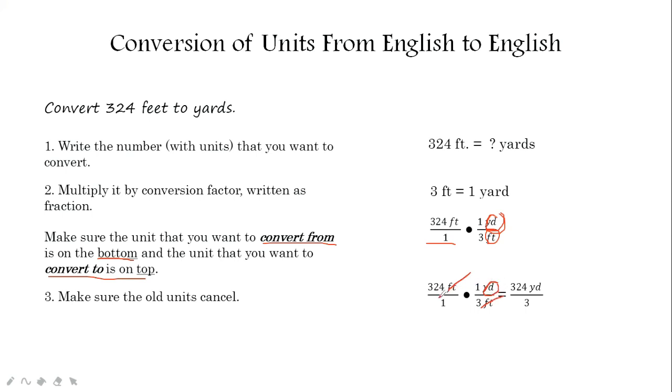So, 324 multiplied by 1, that is 324 yards. And 1 multiplied by 3, that is 3. And of course, the last part is make sure to simplify the fraction. So, what is 324 divided by 3? That is 108 yards.